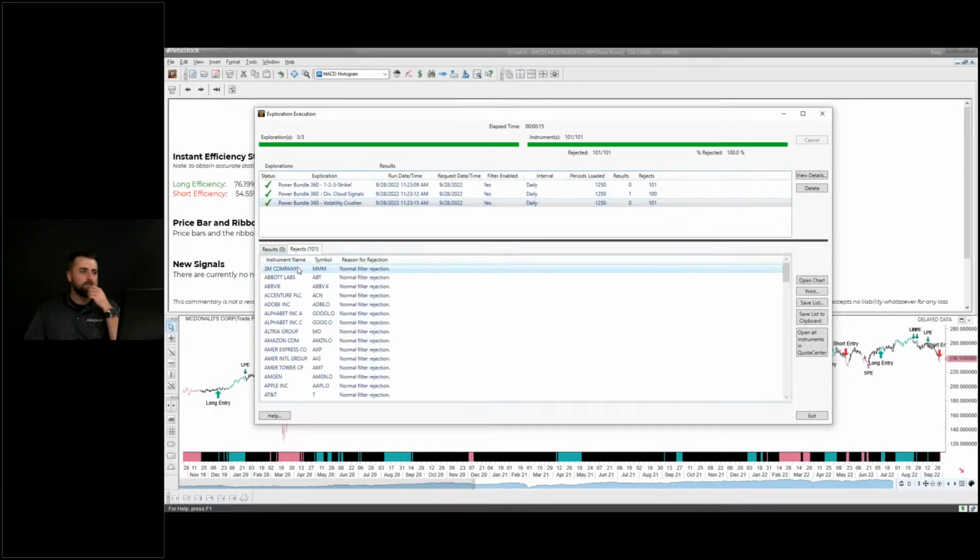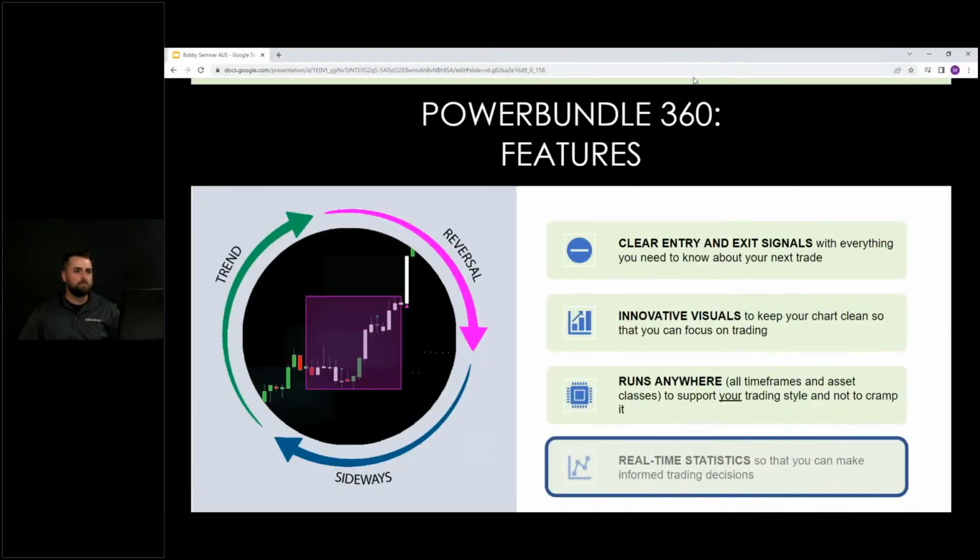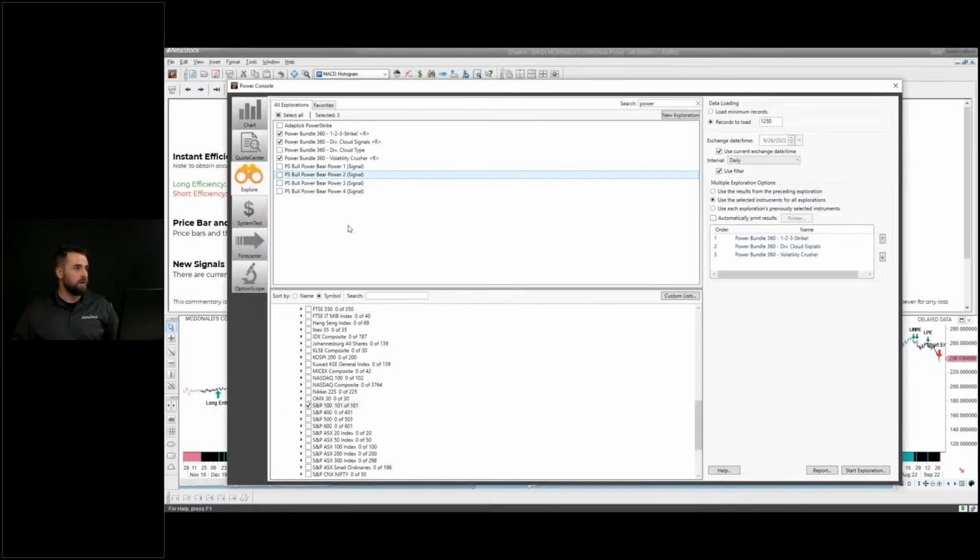I still want to show you guys the information that comes from those. Let me open MetaStock back up one more time. So when I was running that scan for all three, I was using the selected instruments for all explorations. Say you wanted to combine several explorations, and first you want to search for some sort of bullish indicator, so something's positive, you select that one, and then it gives you a list of 100 results off the 1,000 you scanned.